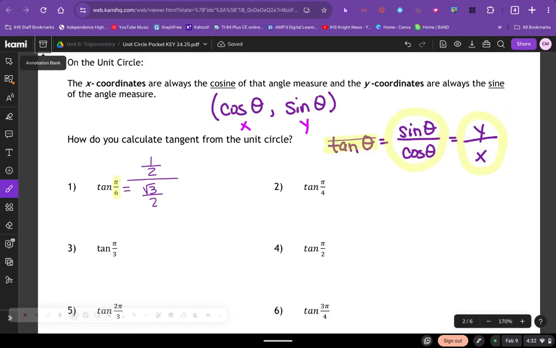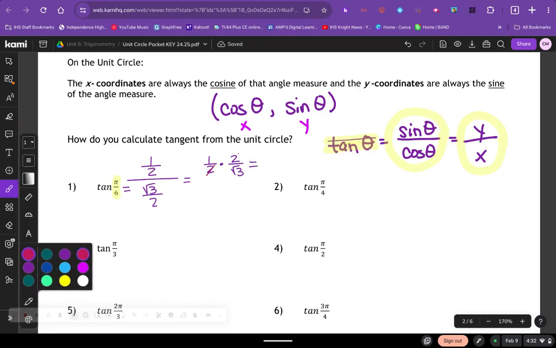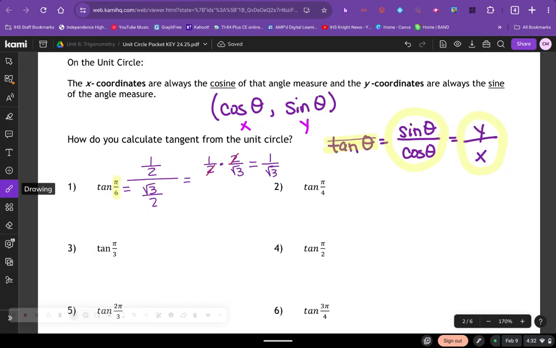So now this is where I'm going to use my division rules. So I'm going to have 1/2 times 2 over root 3. Notice here that these 2's are going to cancel each other out, and so that leaves me with 1 over the square root of 3, which is just like we had in one of our examples.